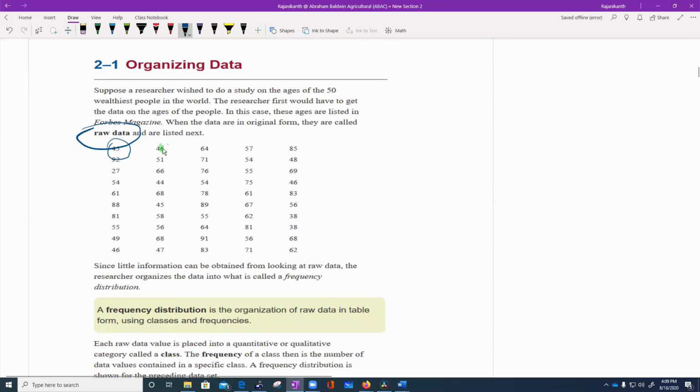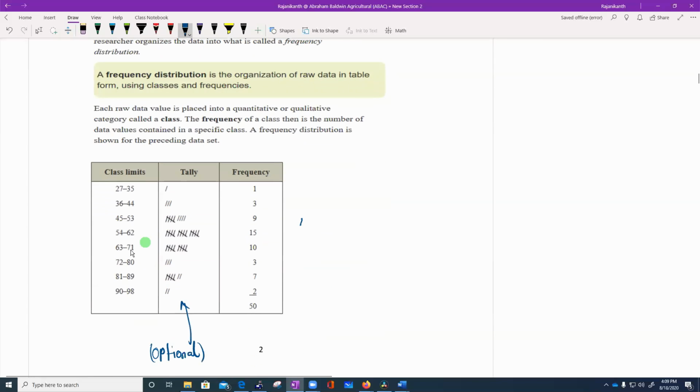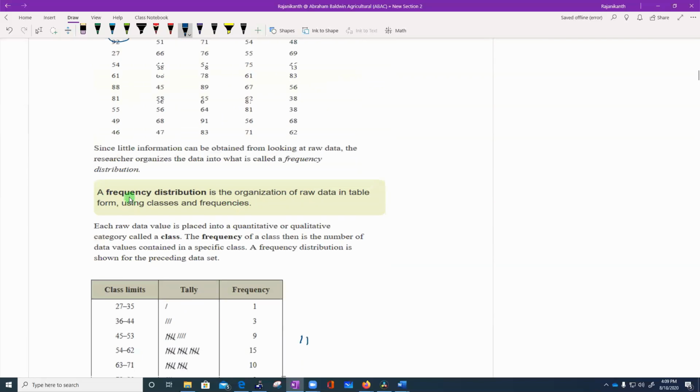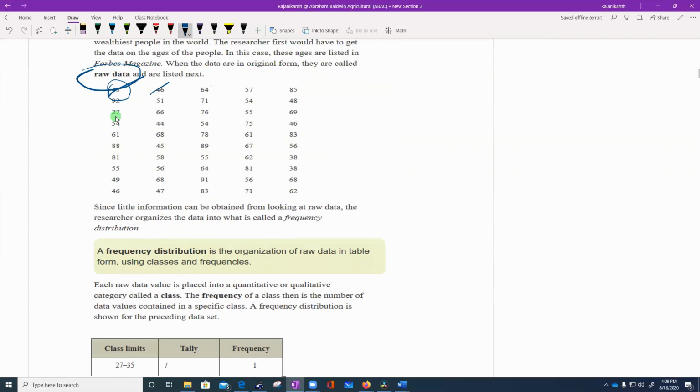Then look at the second value, 46. Where is 46? Again, it is going to be in my third class limit. So again, one more. Like that, you complete all the data values in order. If you go in this manner, you will not miss any data value. So this is the easiest way.